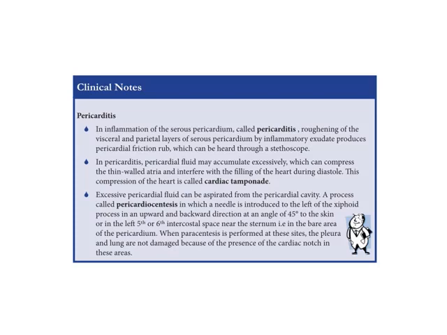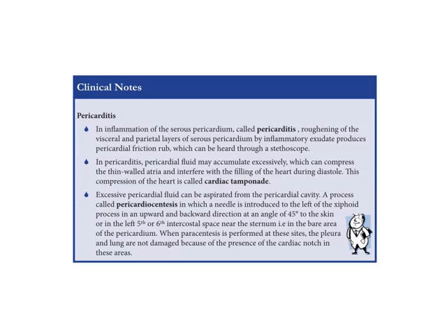In pericarditis, pericardial fluid may accumulate excessively, which can compress the thin-walled atria and interfere with filling of the heart in diastole. The compression of the heart is called cardiac tamponade, as we mentioned. Excessive pericardial fluid can be aspirated from the pericardial cavity, a process called pericardiocentesis.